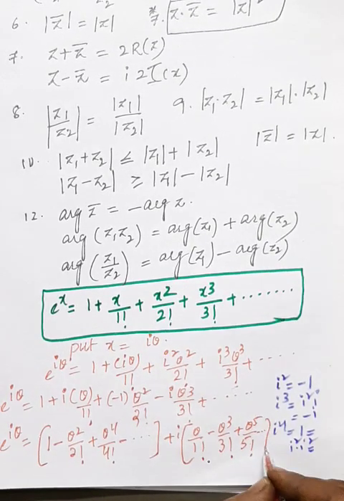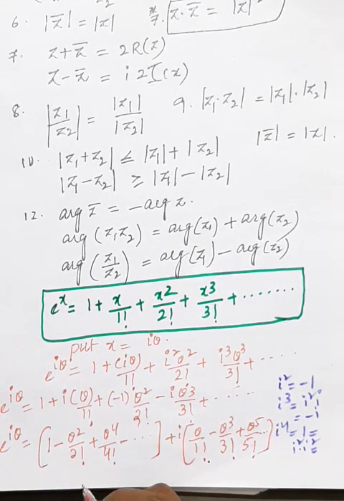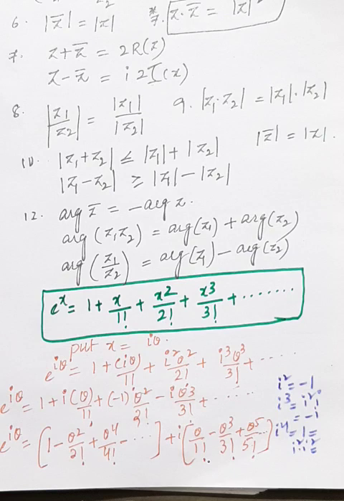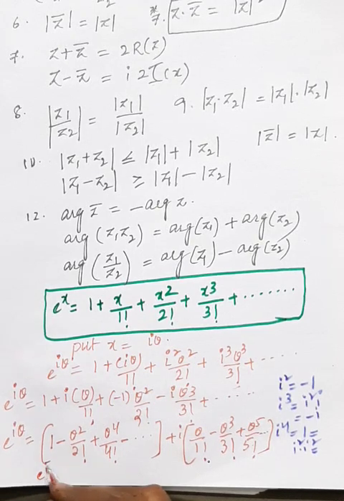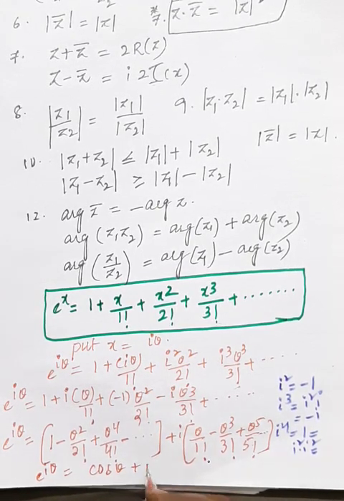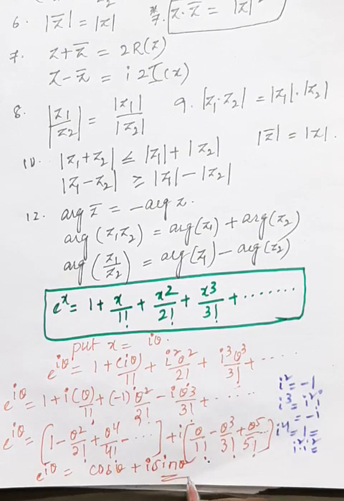So on. So here already మనం ఇంతకుముందు ప్రీవియస్ క్లాస్లో డిస్కస్ చేసాం sin x expansion, cos x expansion అనేది. So this is known as cos theta expansion. Therefore e power i theta is equal to cos theta plus i into, this is known as sin theta expansion. Therefore cos theta plus i sin theta.